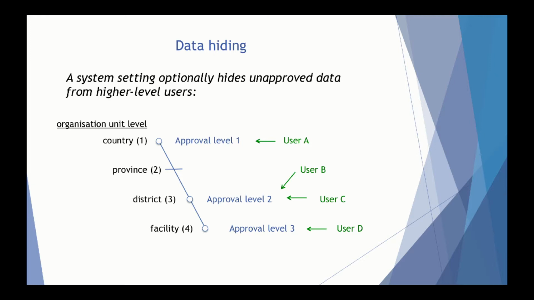Yes, Phil. Can a user only be linked with one approval level, or could A also have approval privileges for level 2? There is another authority which allows you to approve at lower levels, and that's a different authority. So you could also give that authority to user A if you wanted.